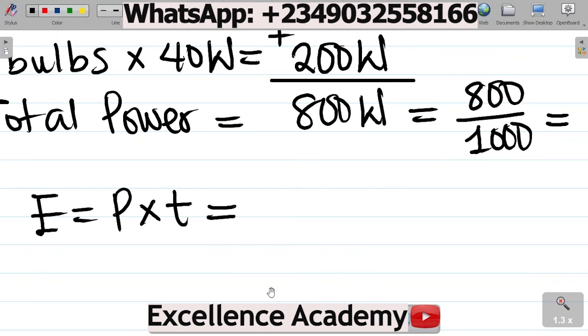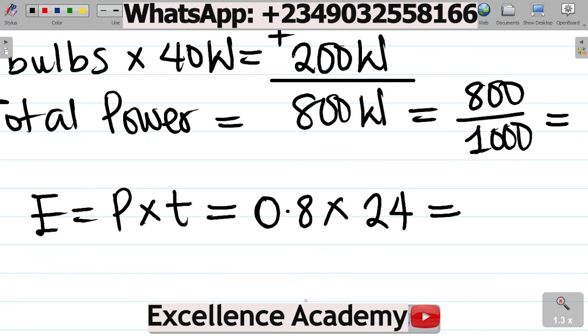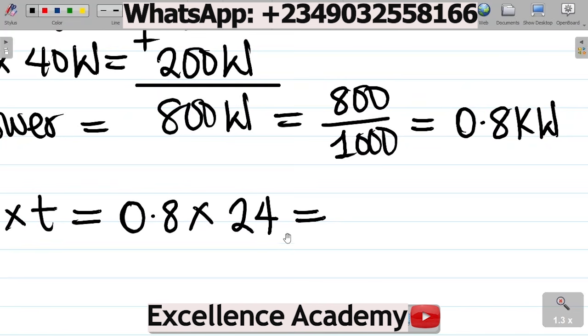The power in kilowatts is 0.8, times the time. They said for 24 hours. The time should be in hours, so don't convert to seconds. That becomes 0.8 times 24, and the answer there is 19.2.